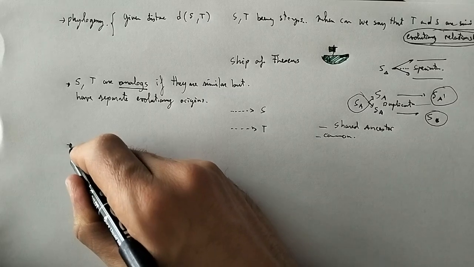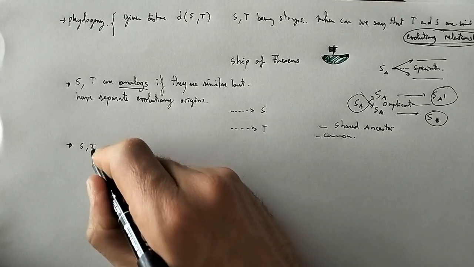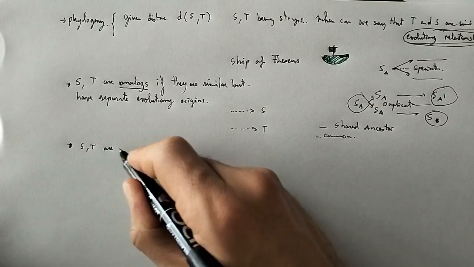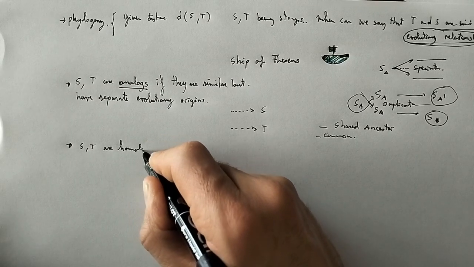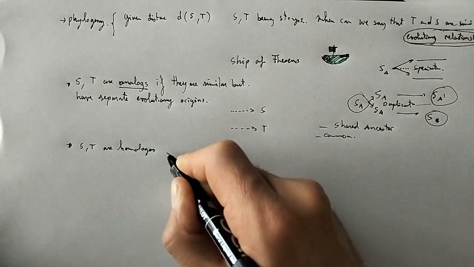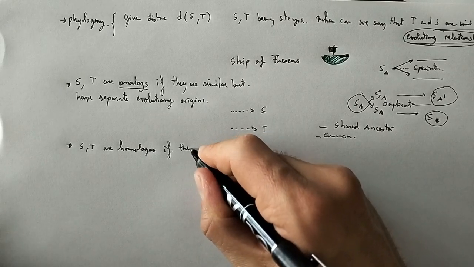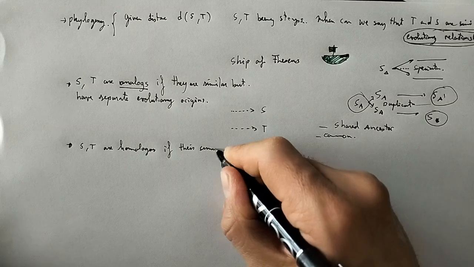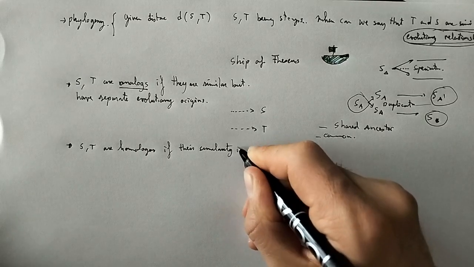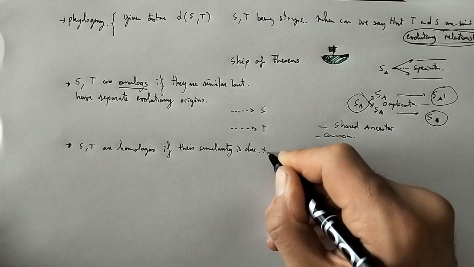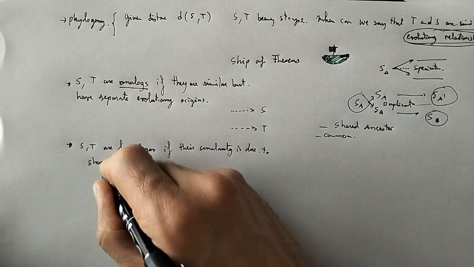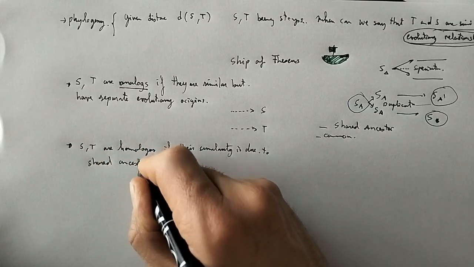Then another definition is that S and T are homologous if their similarity is due to shared ancestry.